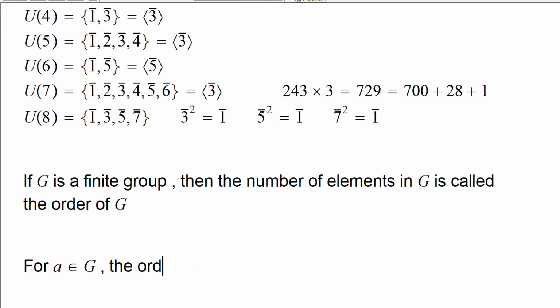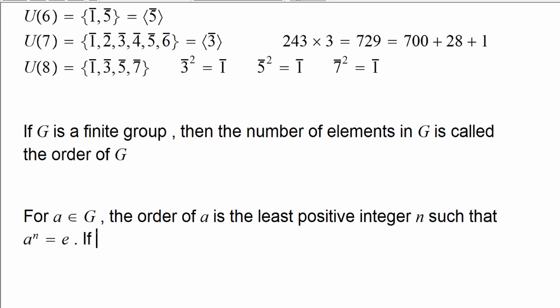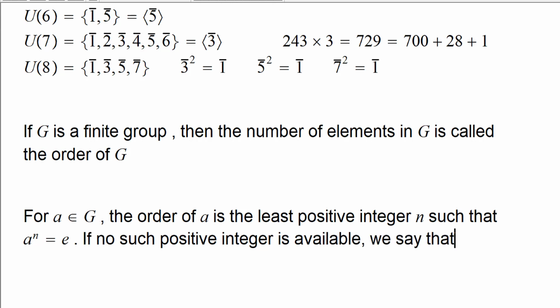The order of A is the least positive integer n such that A to the power n is the identity element that will exist in G. And if no such positive integer exists, we say that the order of A is infinite.